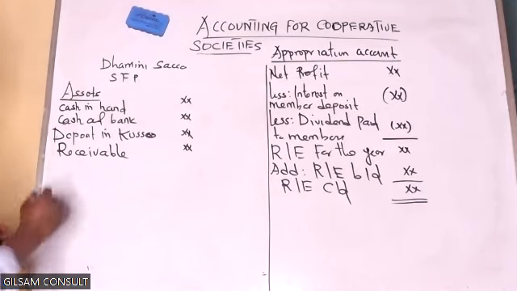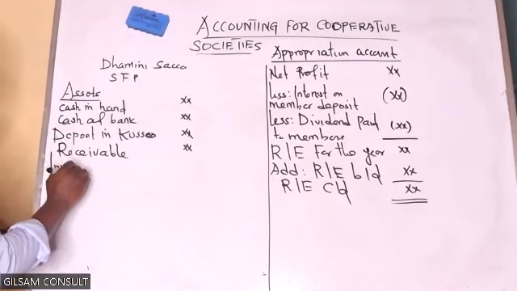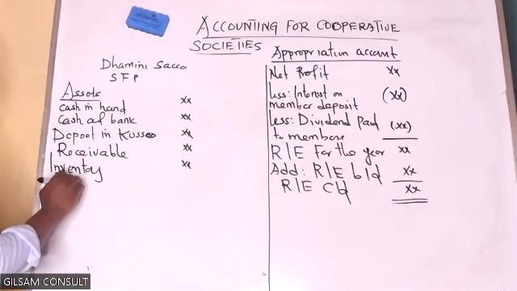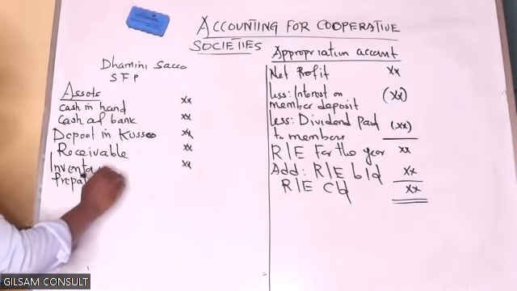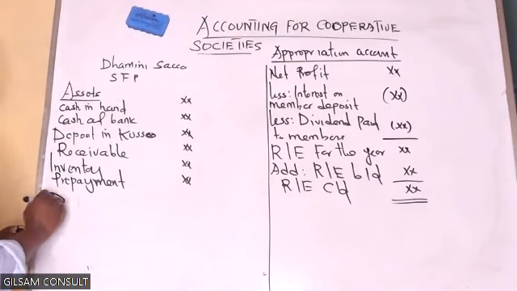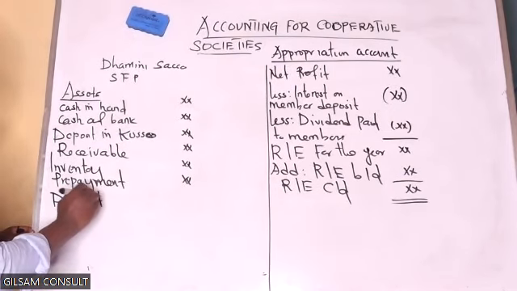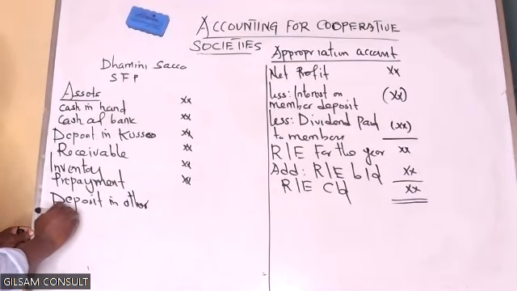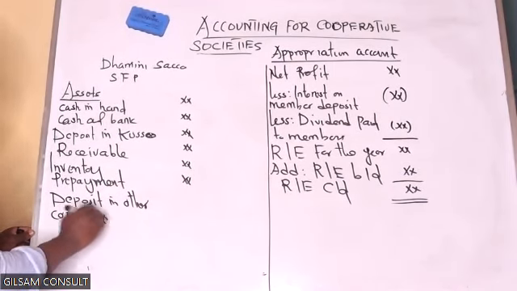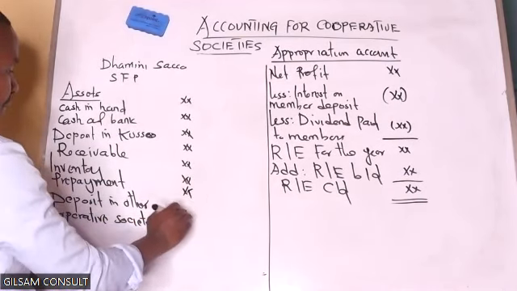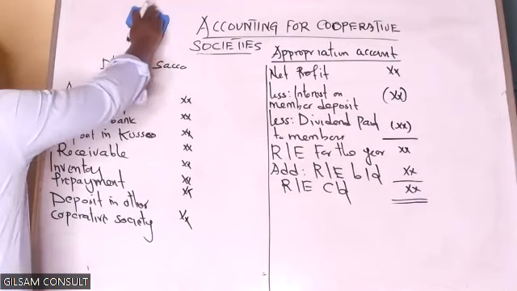What else? Inventory. Prepayment. Deposit in other cooperative society. We continue here.